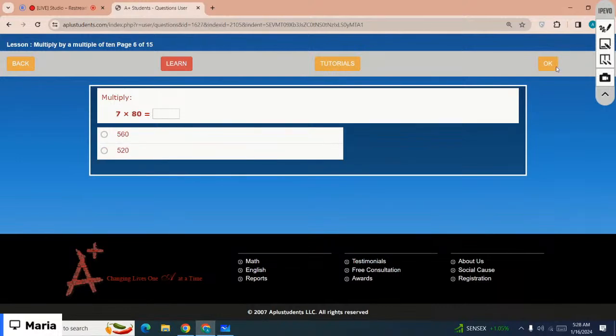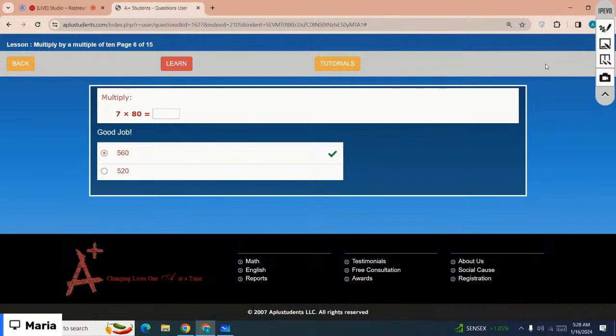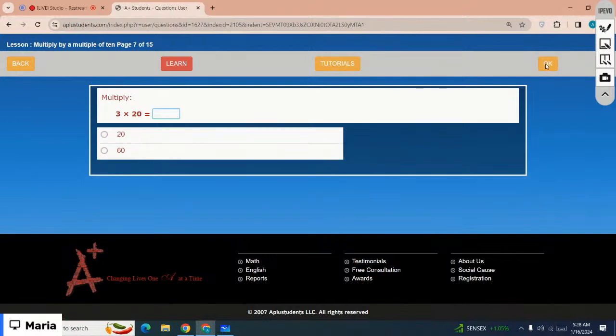The next one is 80 times 7. That is 560. The correct option is 560. The next one is 20 times 3.